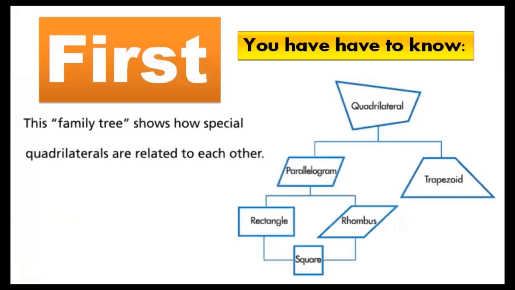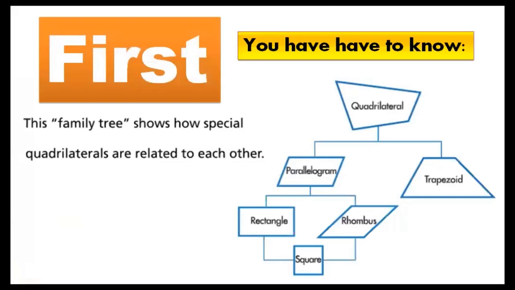If you focus on this family tree, you will find the figures of quadrilaterals we have studied before. You will find a common property for all these shapes, that they are all formed of four sides, and we said the word four is meant by quad in the Latin language, so they are all quadrilaterals.